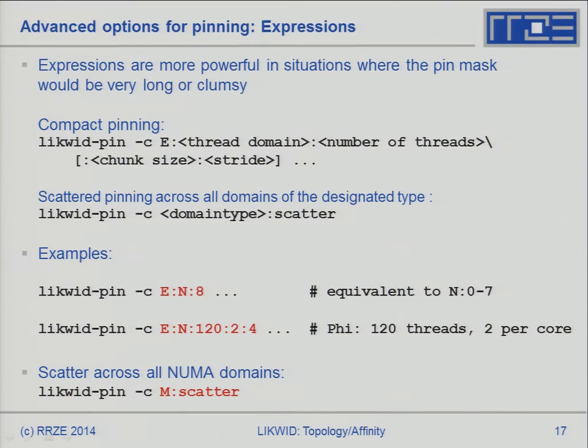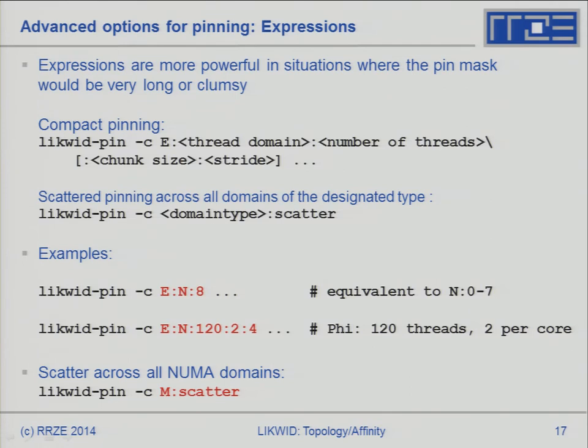So here, for example, liquid pin -c expression N8. This means run 8 threads on the node level. So I don't have to give it a list. I can just say 8 threads, the first 8 threads on the node, period. It gives me the first 8 physical cores.